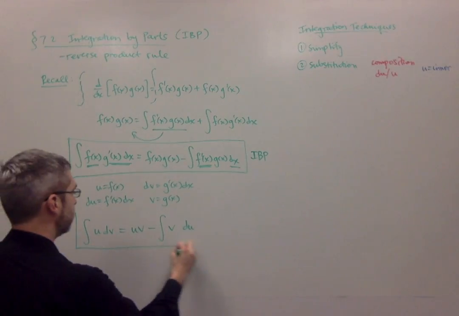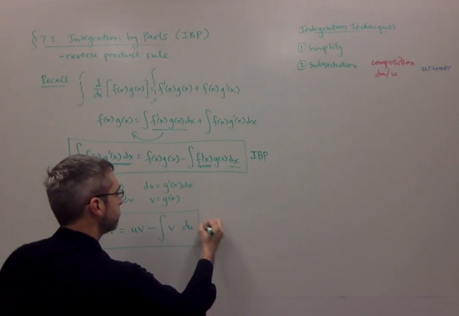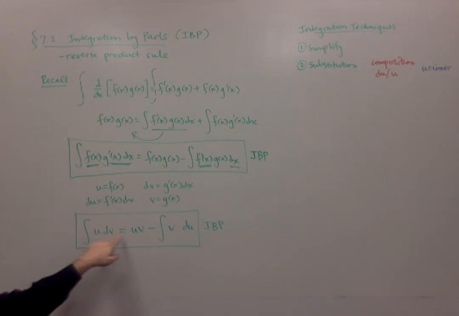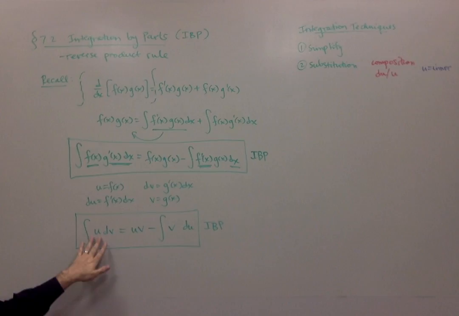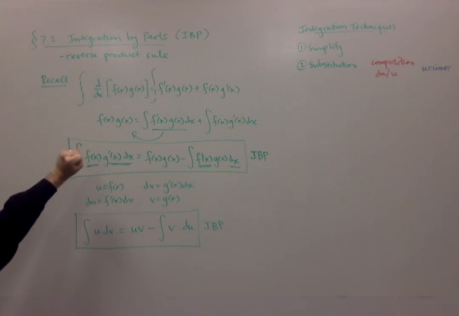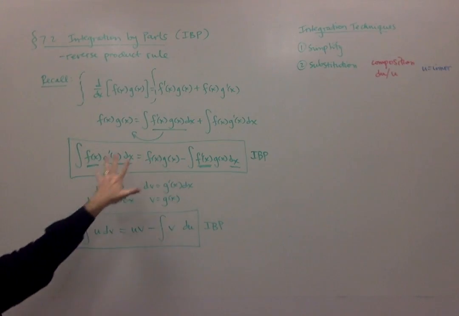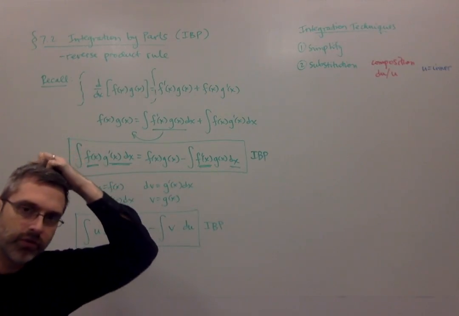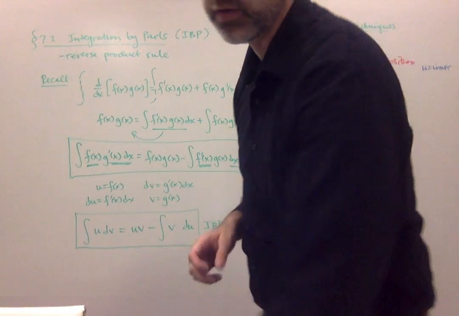So this is another way to state that integration by parts equation: the integral of u dv equals u times v minus the integral of v du. And again, the idea is if I start with a product in my integral, I use this technique, and I'll show you how to use it, to change this into a different integral with a different product, but hopefully that product is an easier product than the original one that I was working with, okay?